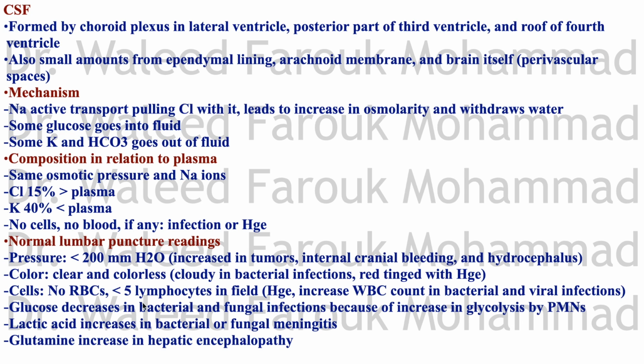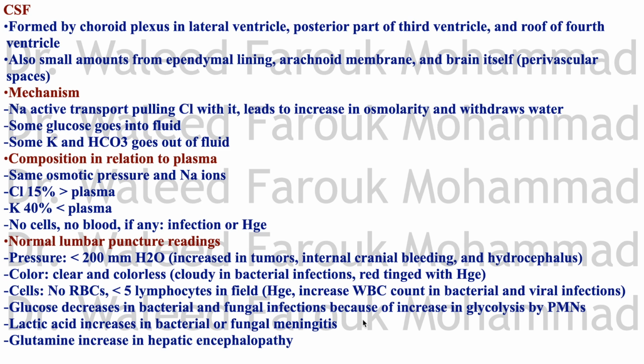Cells: there should be no RBCs and fewer than 5 lymphocytes per microscopic field. You will see increased numbers in hemorrhage, and increased white blood cell count in bacterial and viral infections.